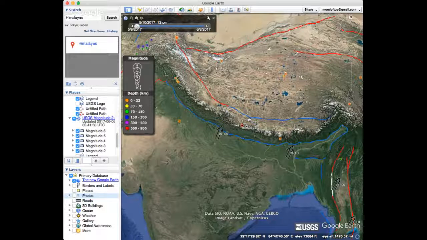And those are the most powerful and most destructive earthquakes that they have. So it has to do something with the location then, from the geoid, which is an imaginary sea level surface that goes around the Earth.